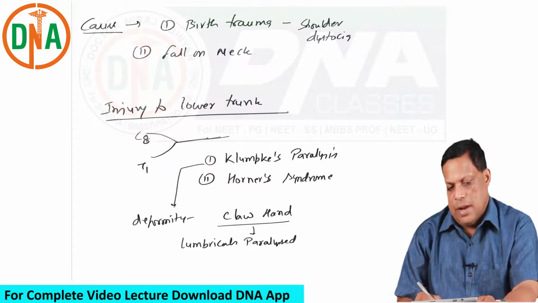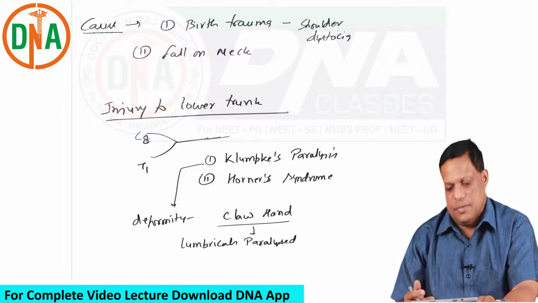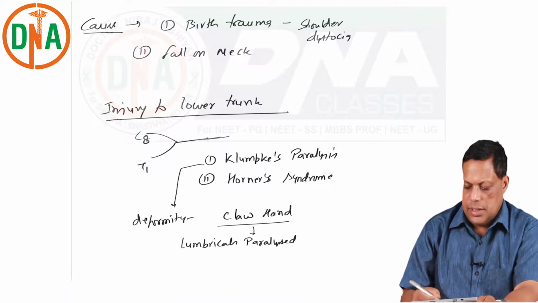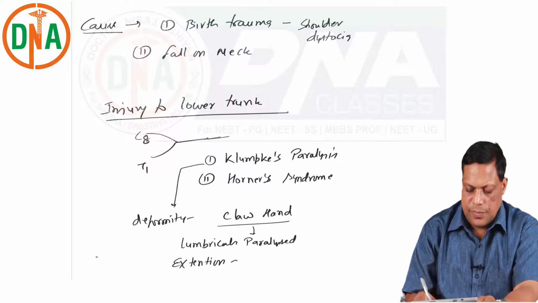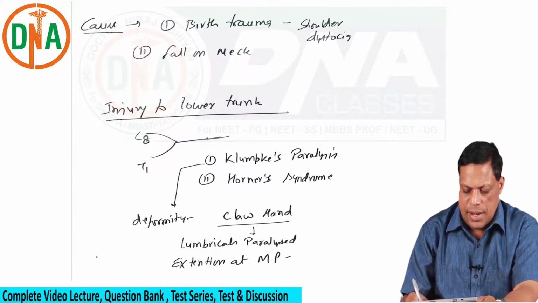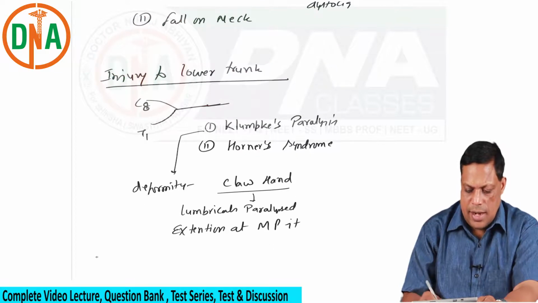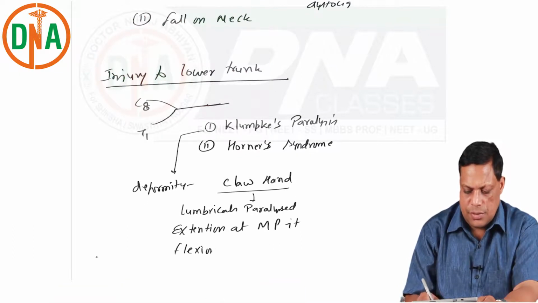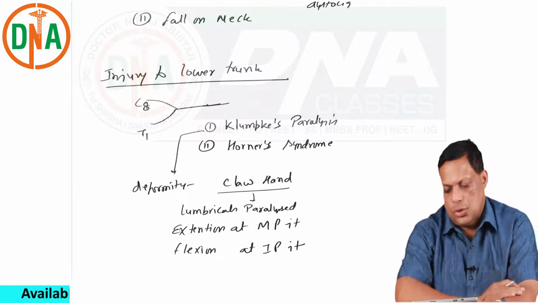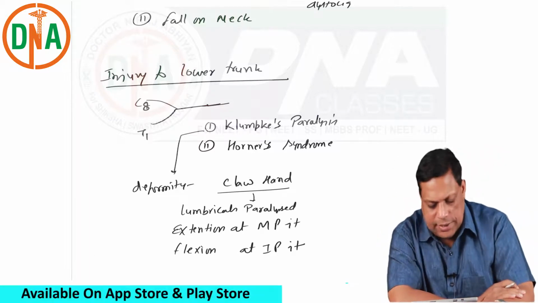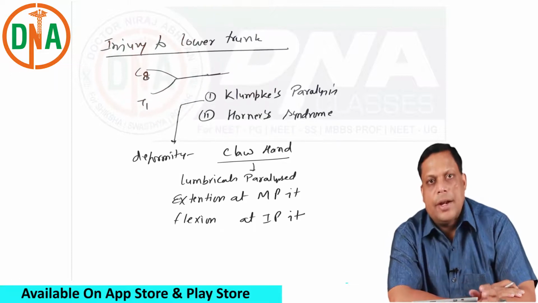So the function of the lumbrical, that is the action of lumbrical, is reversed. What reversal? This is the extension at MP joint and flexion at IP joint. So these changes occur, and this is the claw hand.